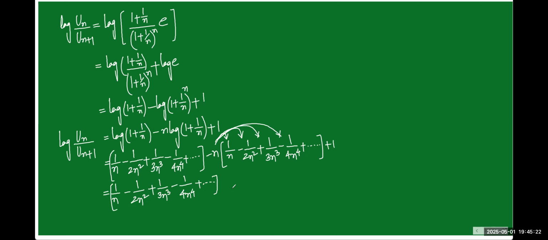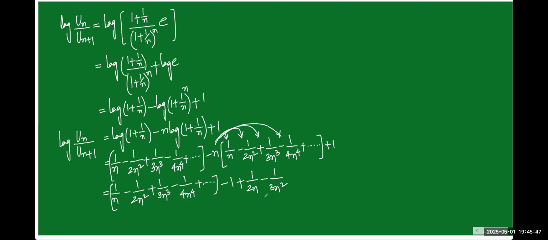And if you multiply n and n, you will get minus 1 here. Minus into minus is plus. N and square term cancel, 1 by 2n you will get here. Minus 1 by 3n square you will get it here. And minus 1 by 4n power 4 you will get.